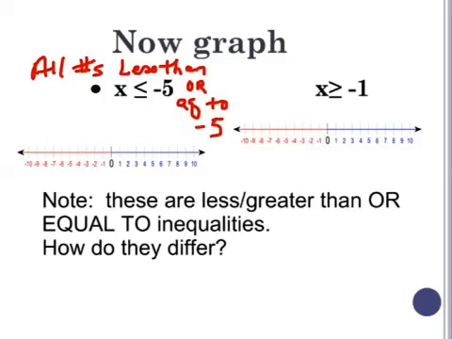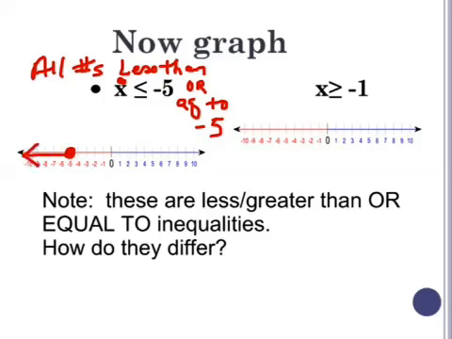So let's find -5. -5 is right here. This time I'm going to fill it in because -5 is actually a winner. Now, if I imagine myself right here, here I am smaller than -5. So on the number line, that's actually to the left.